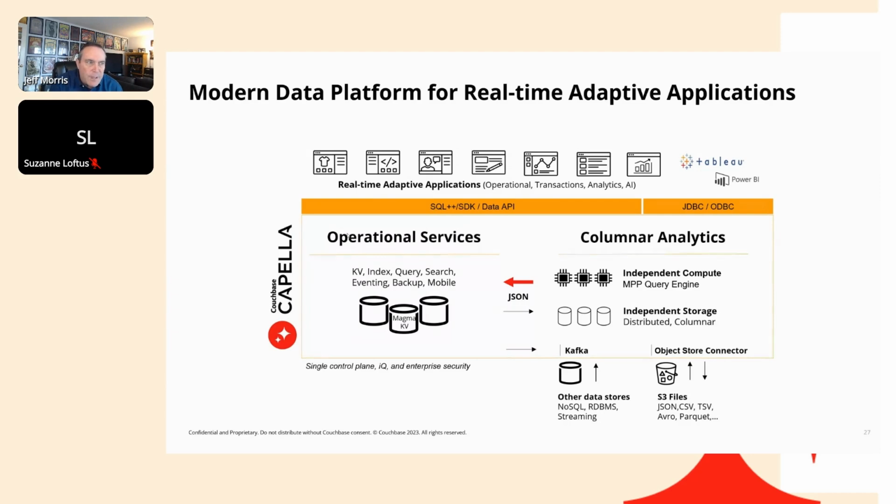The change gets picked up in the operational services, and then you can write additional logic, like a user-defined function, so that when this value changes, such as inventory changes for a particular region, it executes a new piece of functionality. So that particular write-back is built into columnar and its relationship with the operational services of Capella.